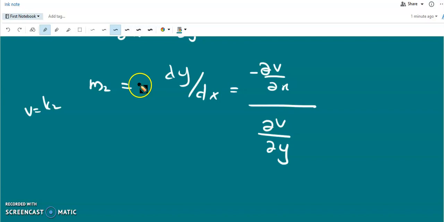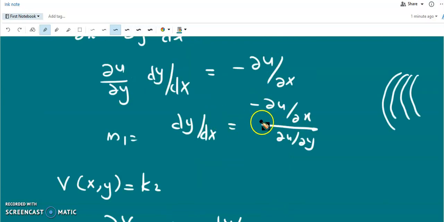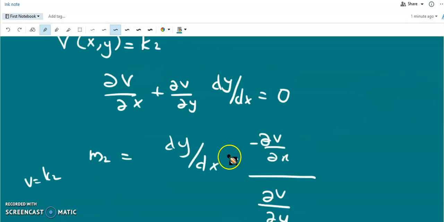So this is m2. So we have another set of family of curves, so their slope is m2. All the slopes of this family are the same, and it is denoted by the letter m2.